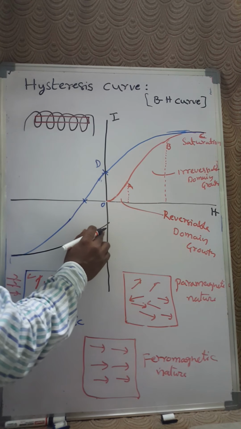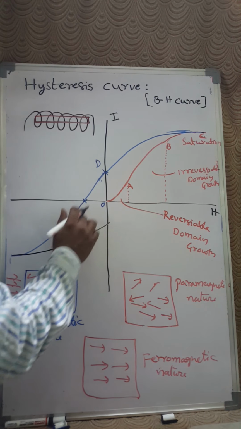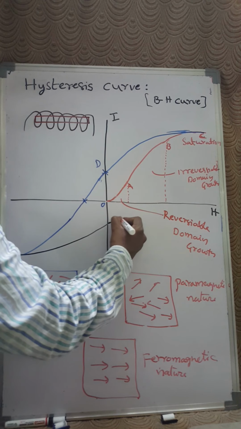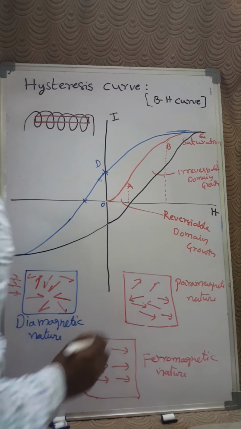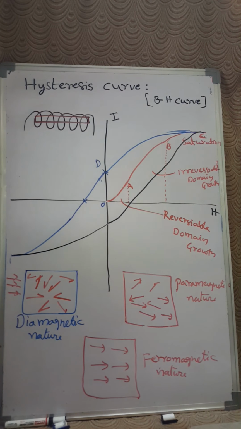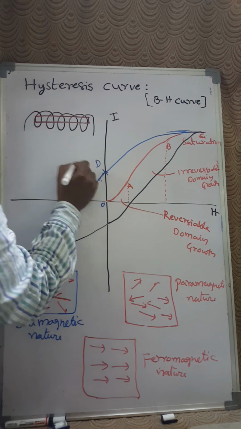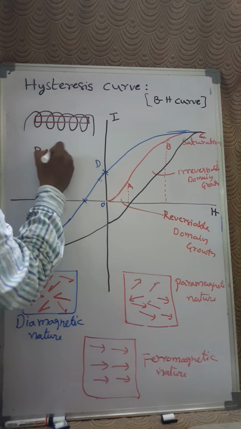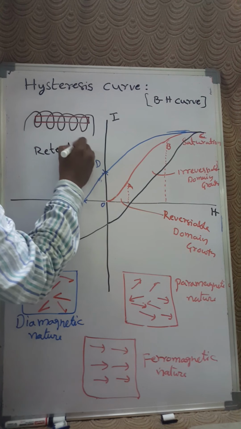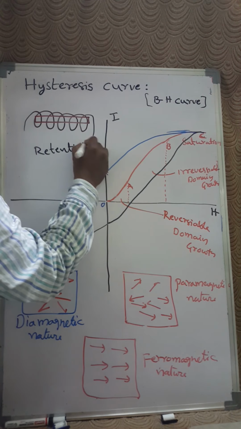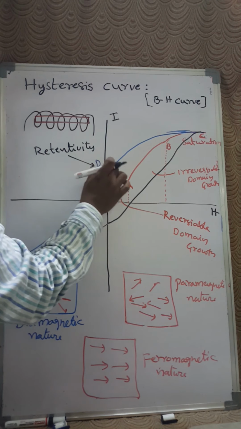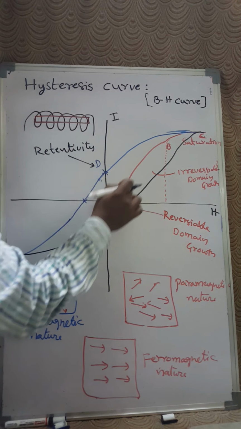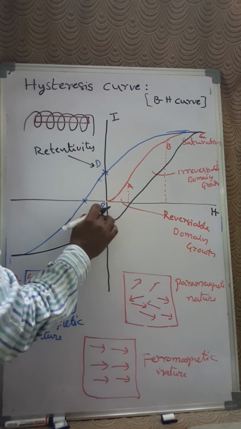This is your reverse retentivity, and on further increasing, you are going to have a forward saturation point. Here, this point D is called retentivity, or remanence, retaining some magnetic properties when the applied field H is 0.